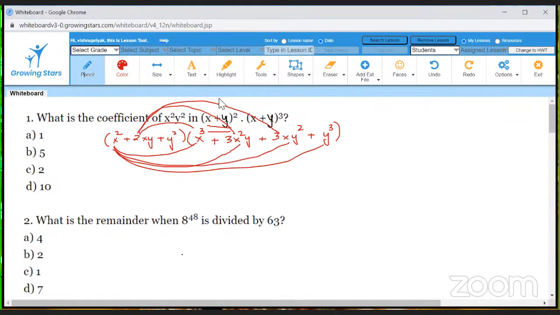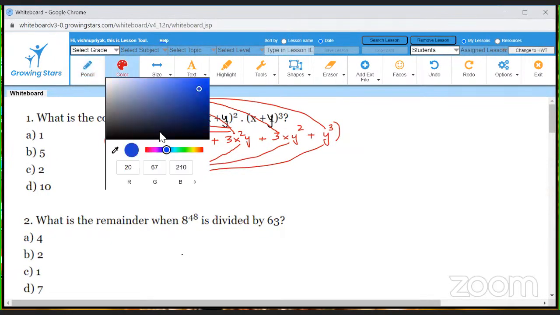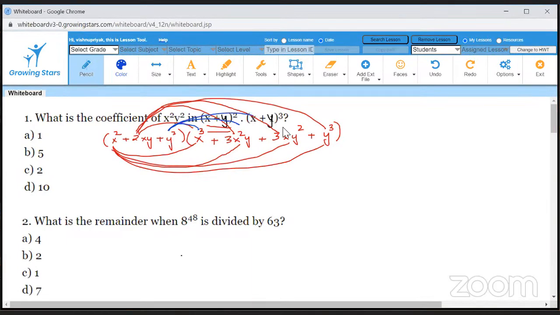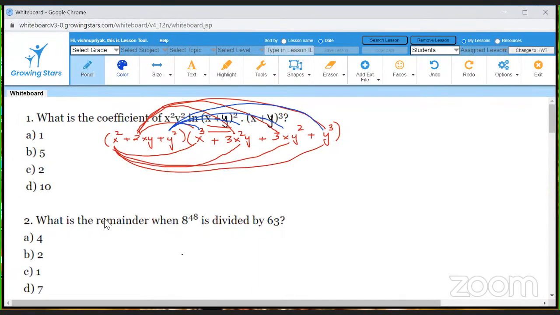No. And what about here? No. Next with blue color, I will write. Here no x square, y square, here no, here no, here no. That is why when you are multiplying this, you are not getting x square, y square.